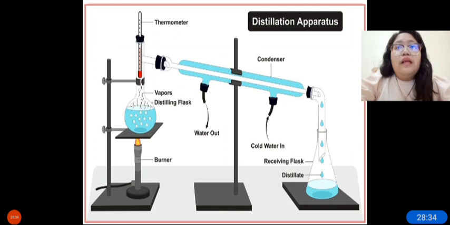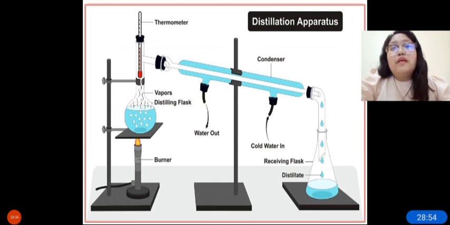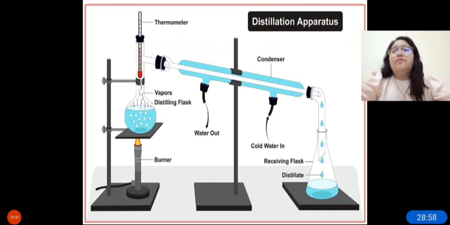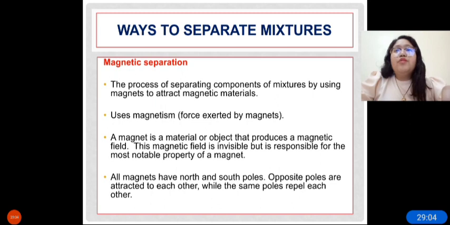The purified liquid, now referred to as distillate, collects in the receiving flask. It's essential that each component is precisely calibrated and monitored to ensure the purity of the collected distillates, separating it from impurities effectively.